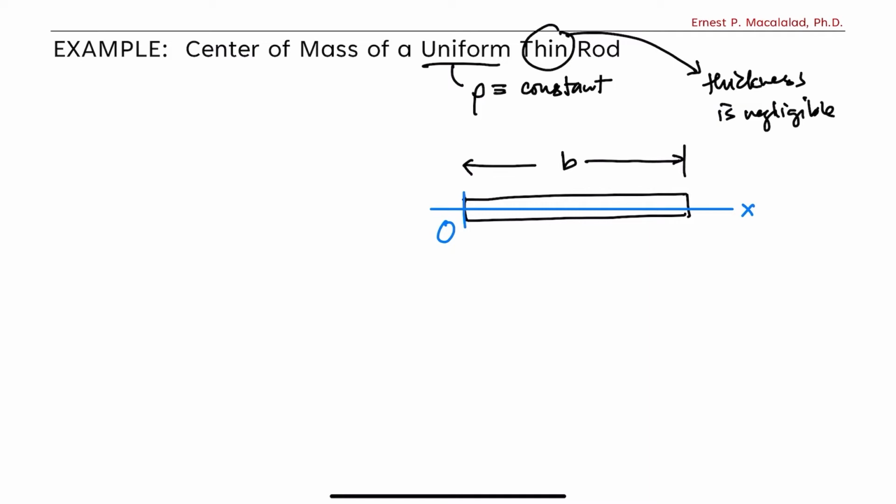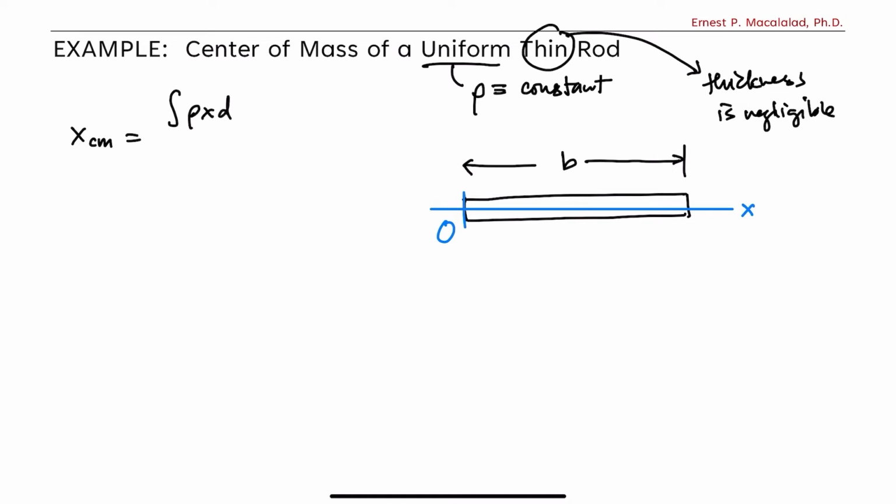Okay, so that means you can see that the center of mass will only be along the x. Okay, the center of mass along y and along z will be 0.